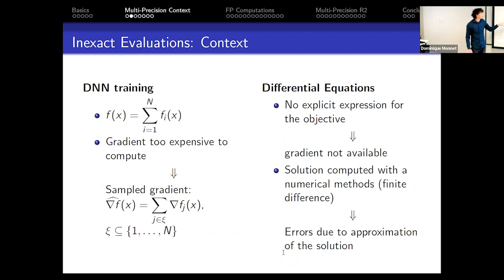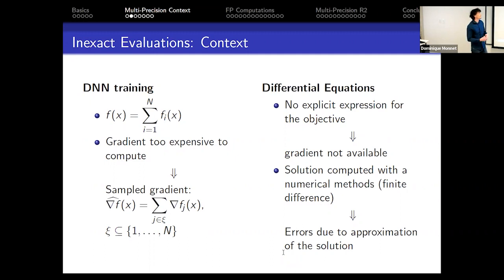But since the gradient is too expensive to compute, because the network might be very large or you have too many examples, what you do is sample the gradient. That is, you do not consider all the examples of your training set. You just take a mini batch, and you approximate the gradient. Denoted with a hat here, it is just the sum over your training examples.